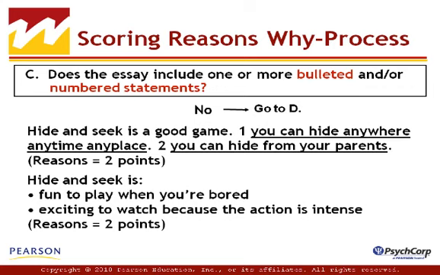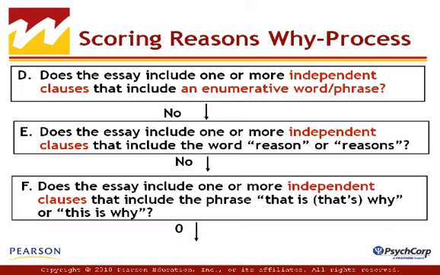I may present my reasons using bullets or numbers. For example, here are some numbers. Each one of these would be considered a reason, or I may present my reasons in bulleted form. But let's say I didn't use any bullets or numbers. Did I maybe use an enumerative word or phrase like 1, 2, 3, or third, first, for example? But let's say I didn't use that either.